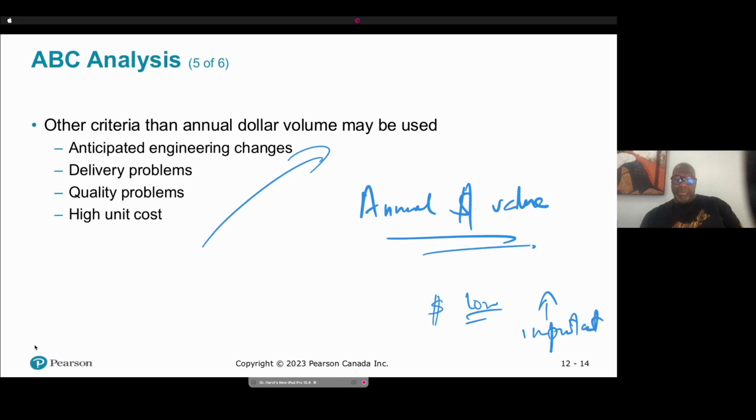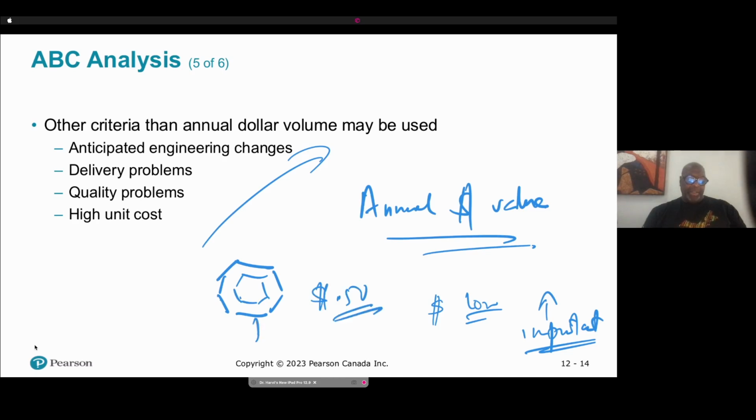So for example, imagine if you have a bolt that is important for an engine, right? That bolt might only cost you 50 cents. But if you don't have that bolt, imagine that if you're talking about an aircraft, then that means that the aircraft cannot move.